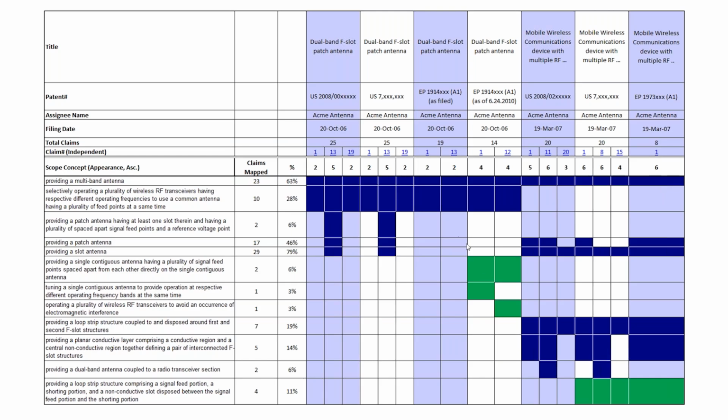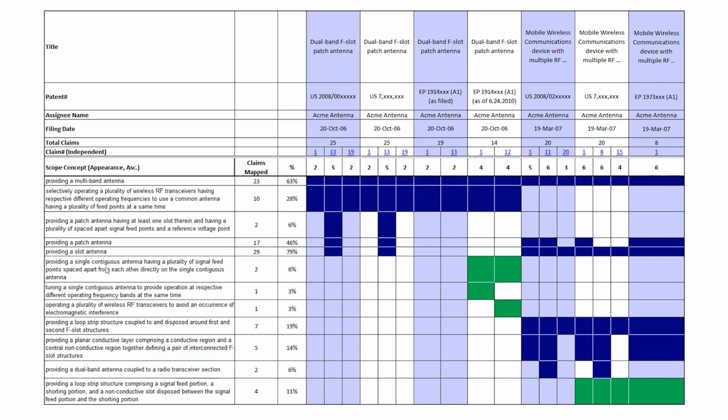And then if you direct your attention to the green boxes in the middle, those are mapped between a few elements and the EP matter as current. And if you compare that to the EP matter as filed, you can see, okay, clearly there was an amendment made and these limitations were added. So for claim 1, providing a single continuous antenna and the tuning of that antenna was added.